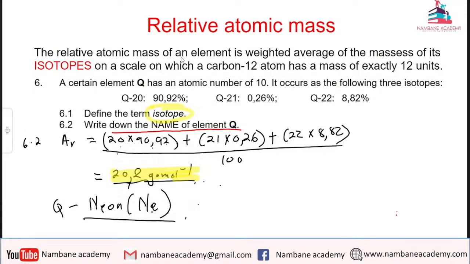So this here refers to the atomic mass or the molar mass, not the atomic number. Hence, I assigned the SI unit to this whole calculation.